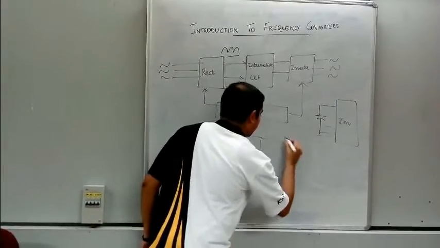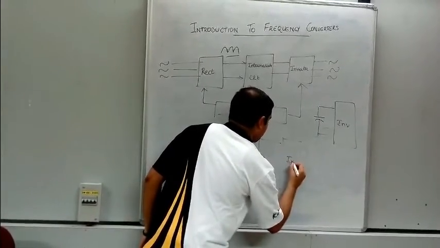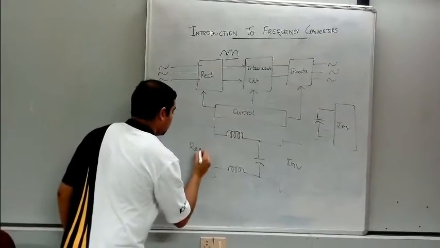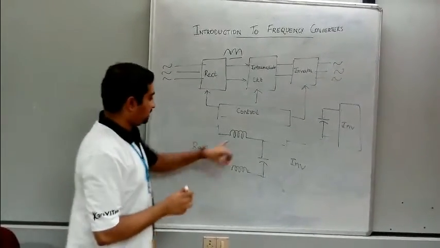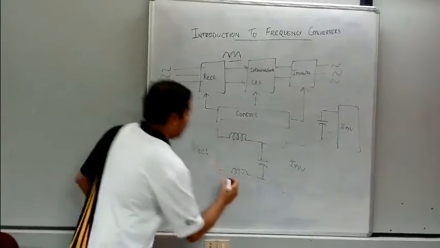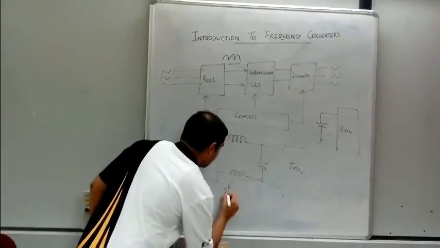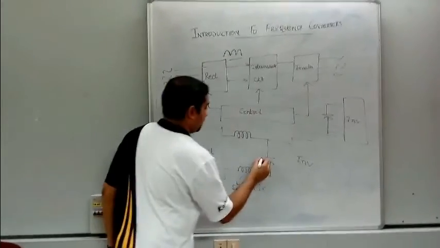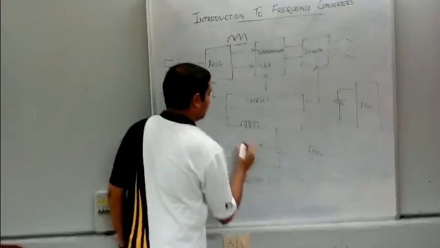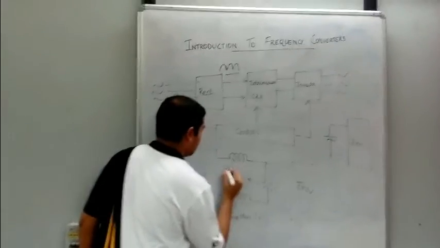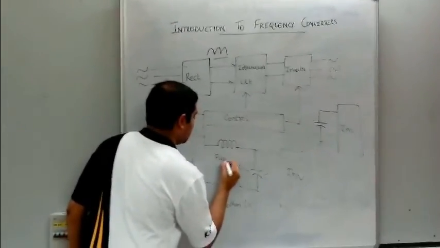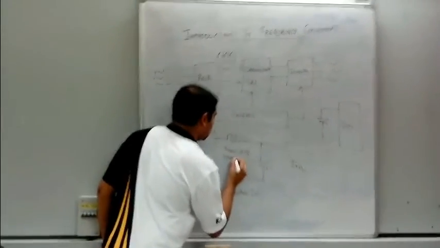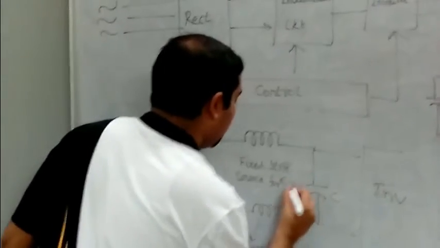This is going to an inverter, and this is coming from your rectifier. So what these inductors do, they have two functions. One is to smoothen the DC, and this capacitor serves as a fixed stiff source for the inverter.